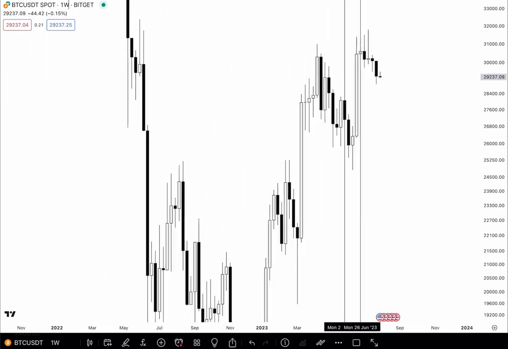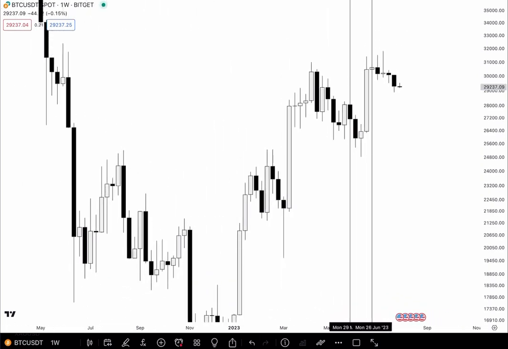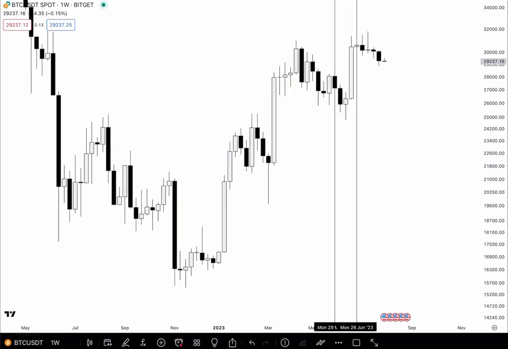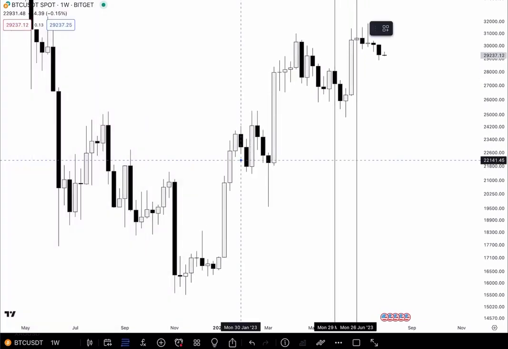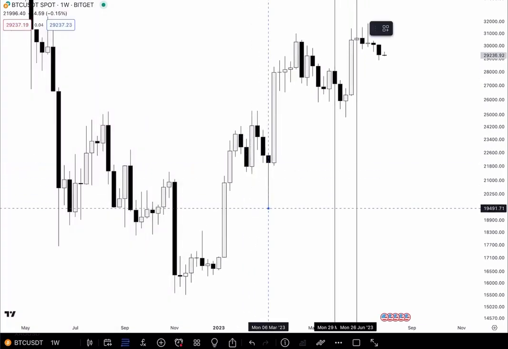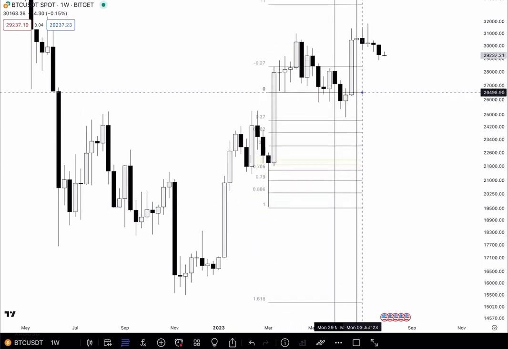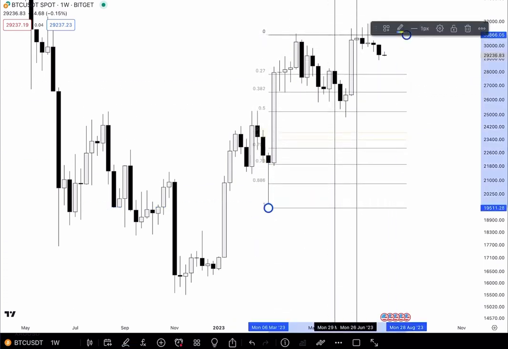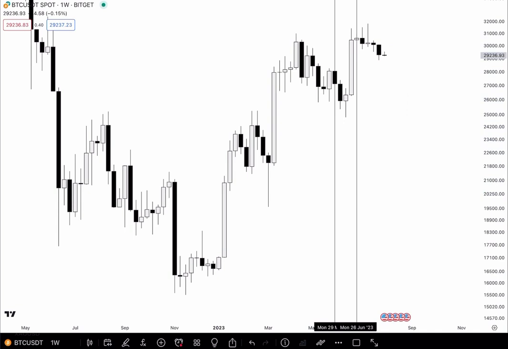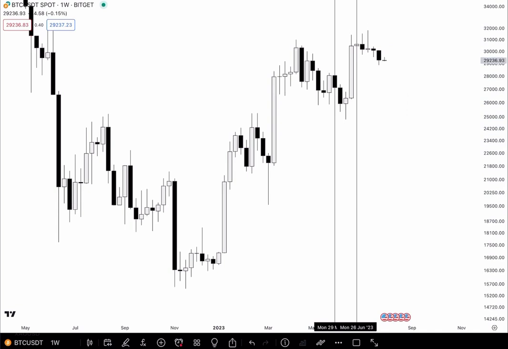Now, so this is Bitcoin, a recent move I'd called. We pull a fib, we look at the 50%, and this is going to be a blend of time and price, right?